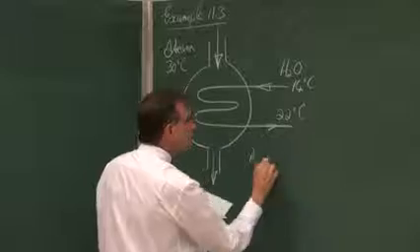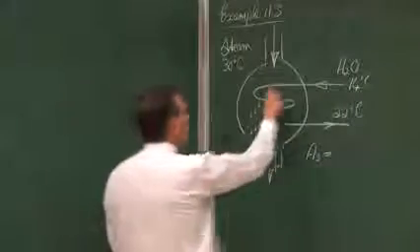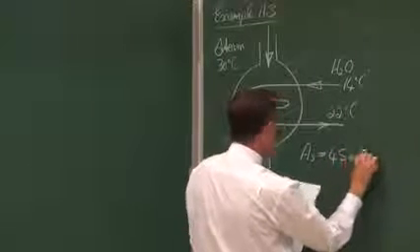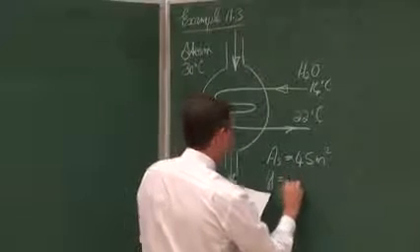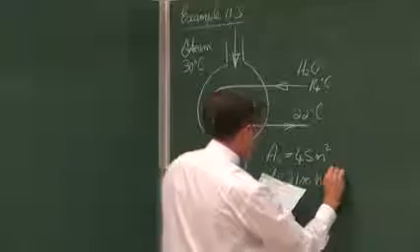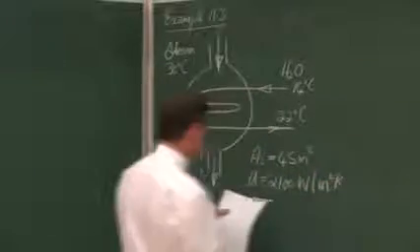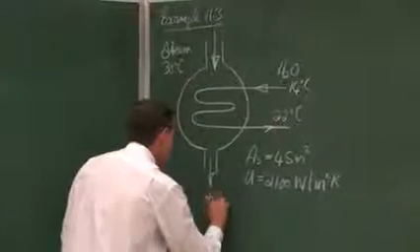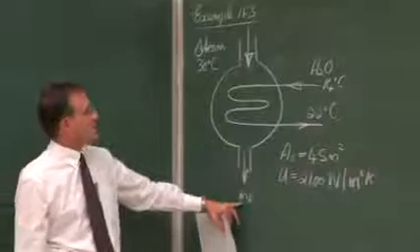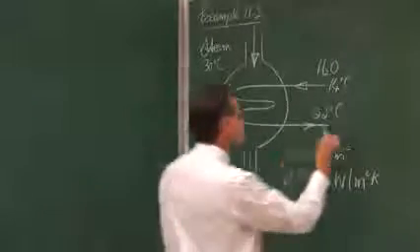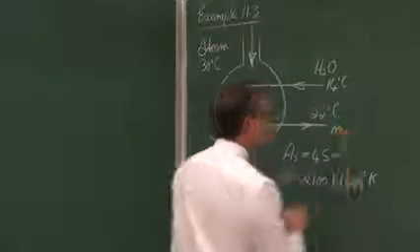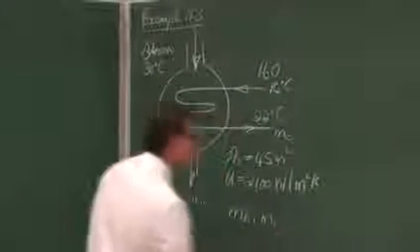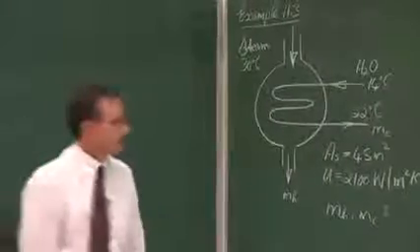What is also given is the surface area of the heat transfer of the tubes, which is equal to 45 square meters, and the overall heat transfer coefficient is 2,100 watts per square meter Kelvin. And they ask us to determine the mass flow rate of the steam, which is the hot side, and also the mass flow rate of the cooling water. So the mass flow rate of the two streams.